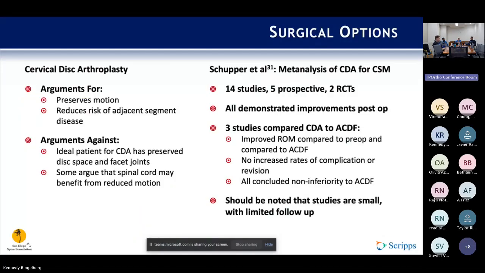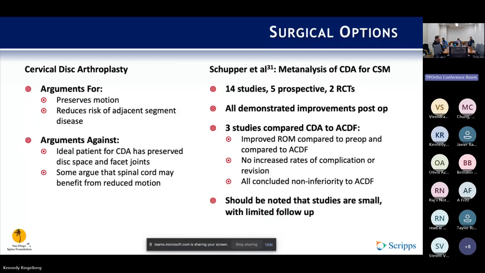And lastly, again, I mentioned cervical disc arthroplasty is potentially becoming a treatment option for cervical myelopathy. It's relatively new and there's not a whole lot of literature on it yet. But some arguments for it is that it preserves motion and it reduces risk of adjacent segment disease. Granted, all of that data comes from patients who don't have cervical myelopathy, but patients who have cervical disc herniations, et cetera.